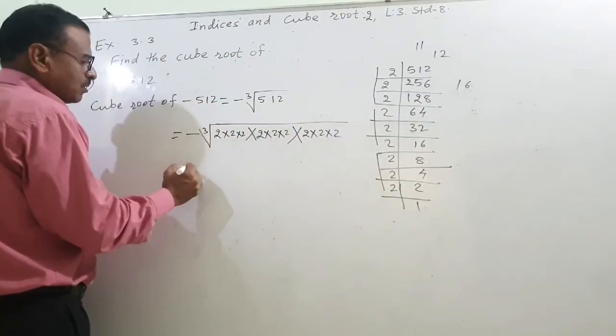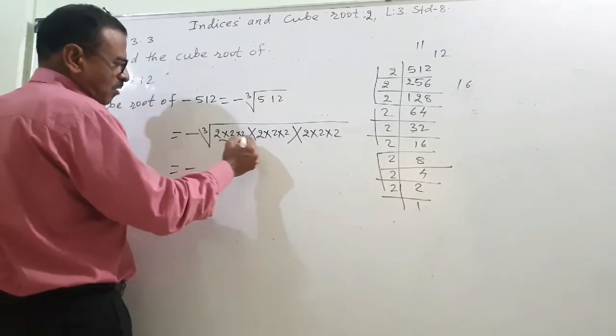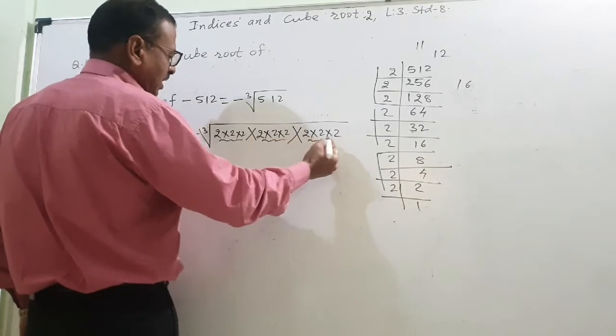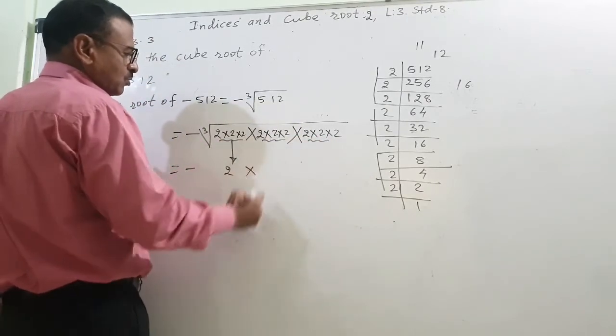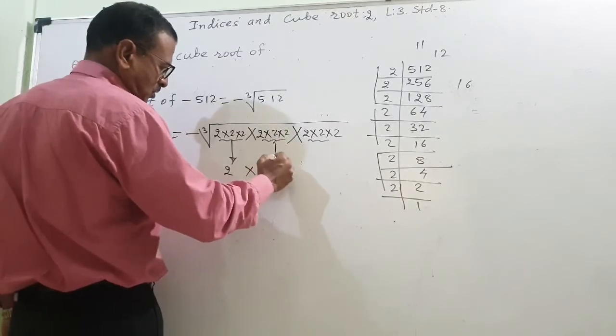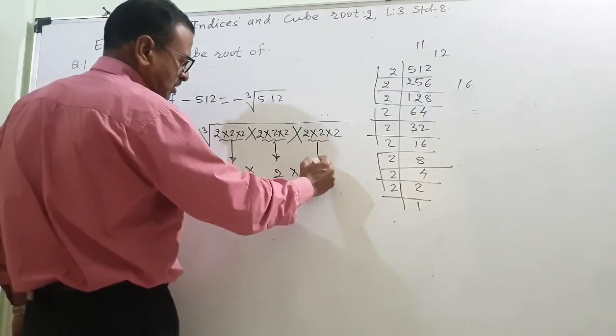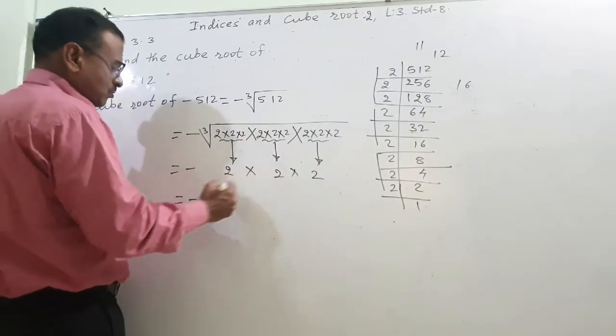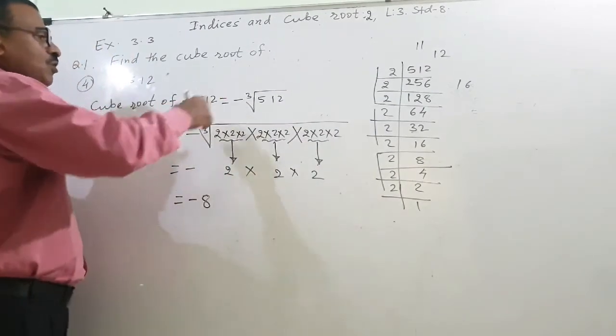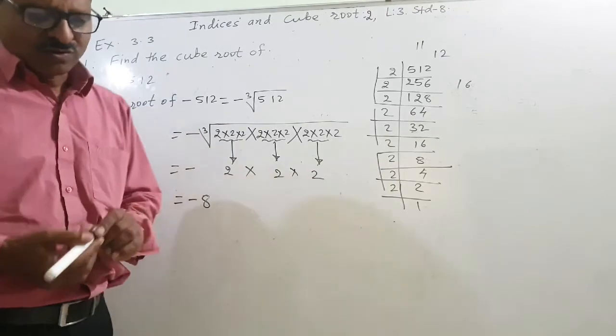That is equal to minus. Make the group of 3. Make the group of 3. Take 1 out: 2 into this one 2 into this one 2. That is equal to minus 2 4s are 8. Cube root of minus 512 is equal to minus 8.